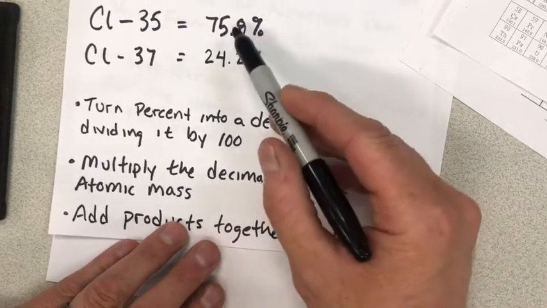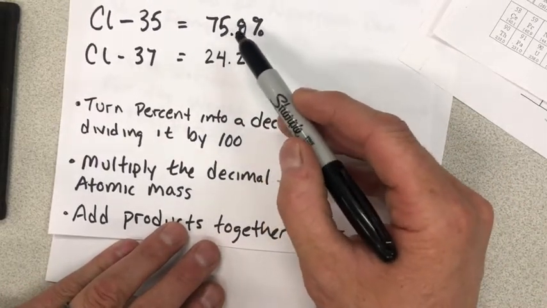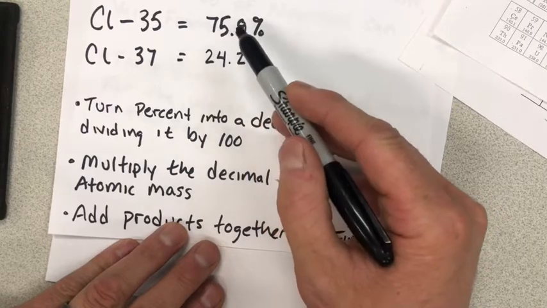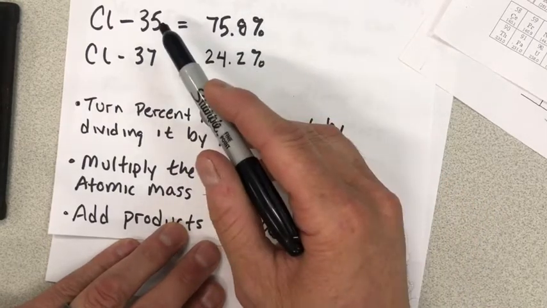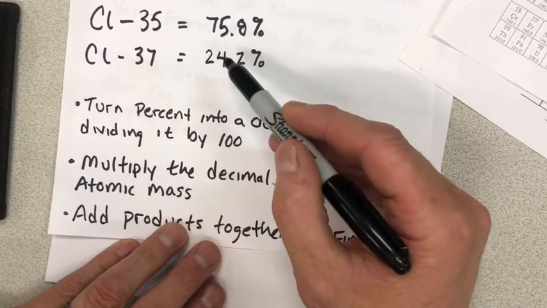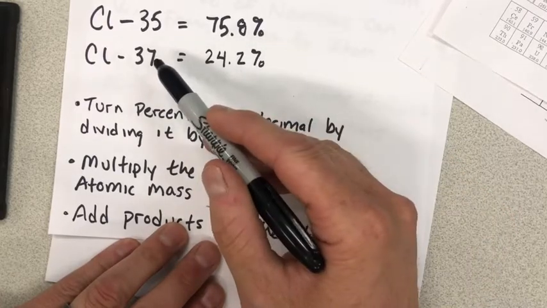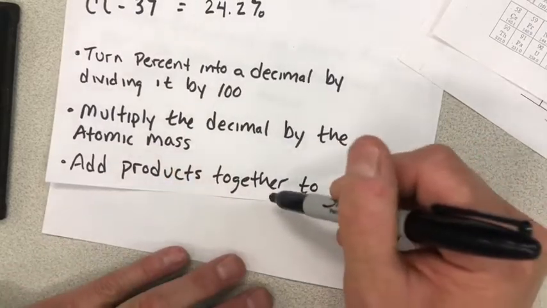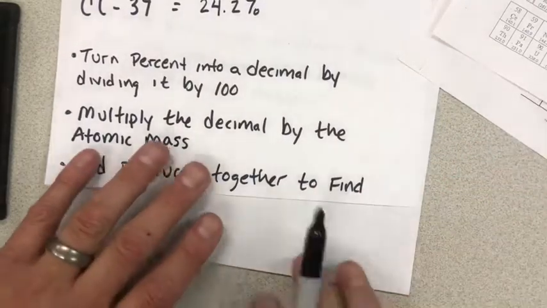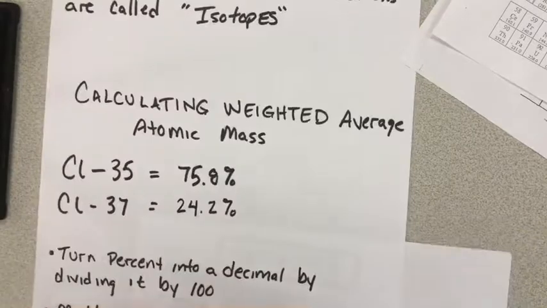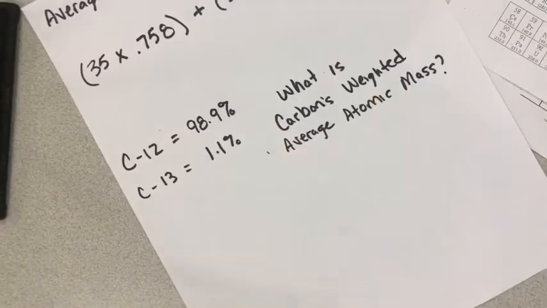So the decimal form of 75.8 is gonna end up being 0.758. You're gonna multiply that by 35, okay? And then the 0.242, you're gonna multiply that by 37. And then you're gonna add those two products together to find the weighted atomic mass, average mass, that is.